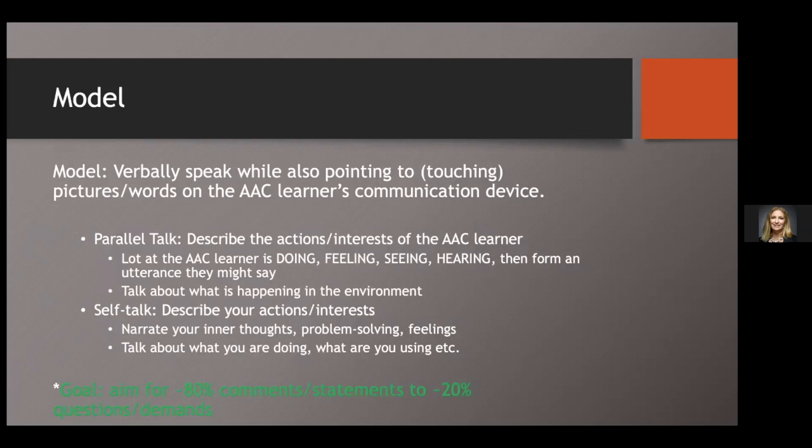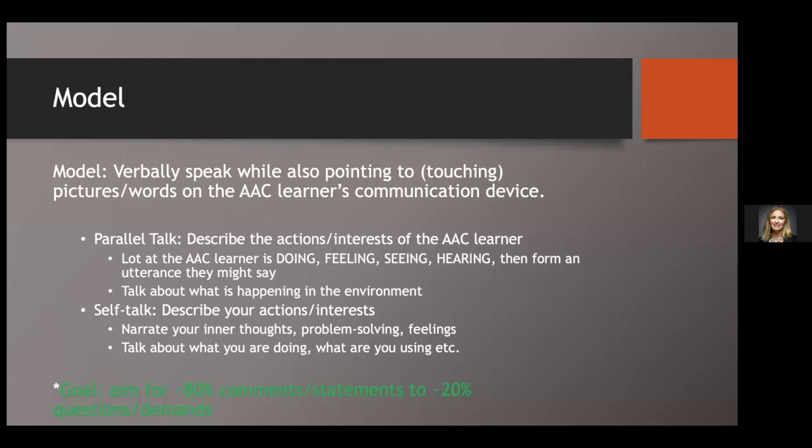20% questions or demands, because that's where I think some of the pitfalls are. Whenever we introduce or present an AAC device, whether that's low tech or high tech, our tendency is to ask, oh, what do you want? Which one? Where do you want to go?